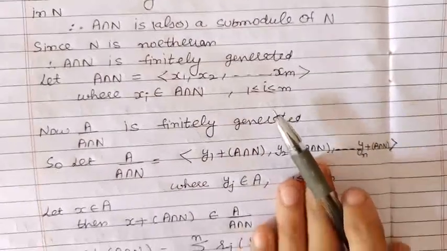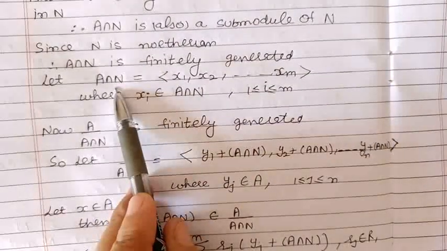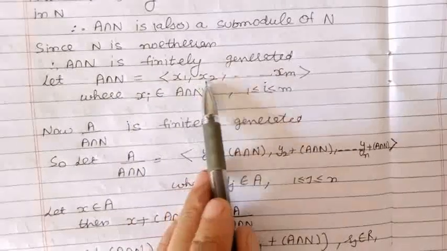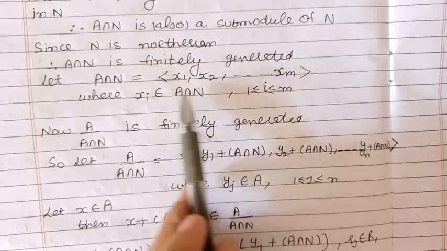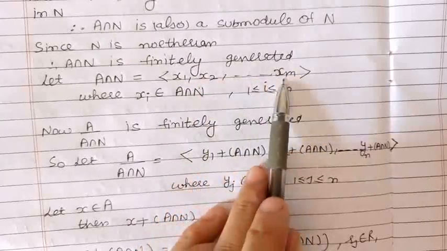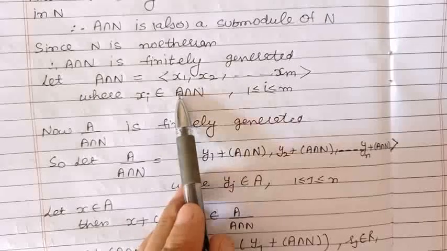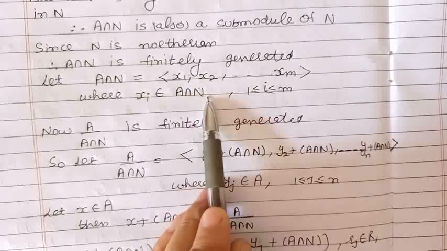So let us take A intersection N to be generated by the elements x1, x2, x3 and so on up to xm. These elements x1, x2, x3 up to xm belong to A intersection N.